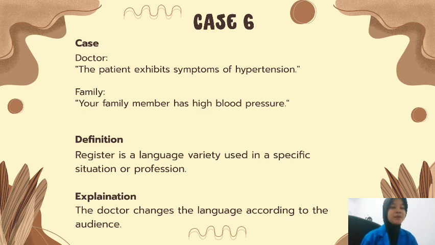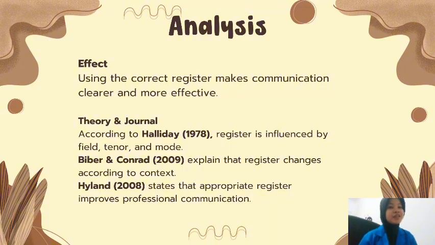This is an example of register. Using the correct register makes communication clearer and more effective. According to Halliday, register is influenced by the situation and the participants. Therefore, professionals should adjust their language so that their audience can easily understand the message.